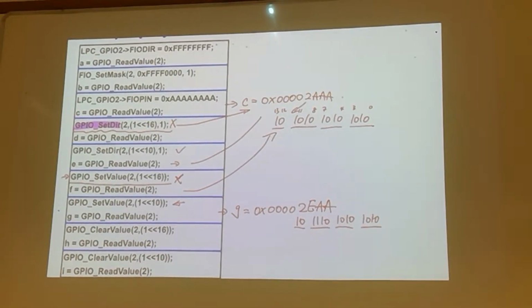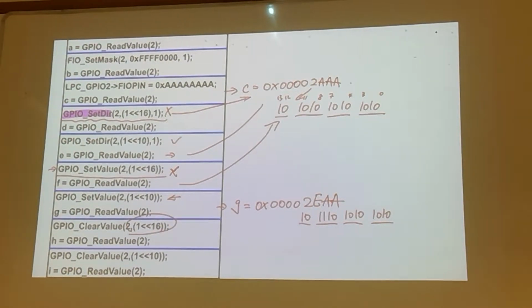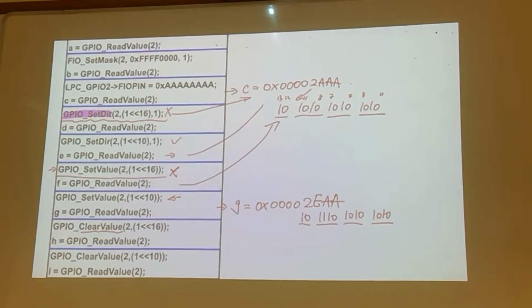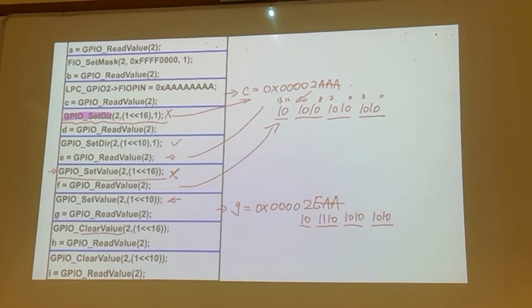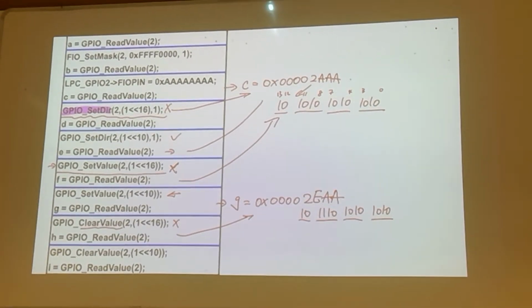Then next one. Cannot take effect, right? You want to clear the output. Basically, this one is to output 0 from a certain pin. So this one doesn't take any effect. Your result will be still like that.